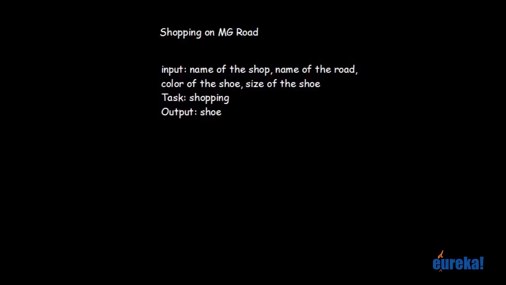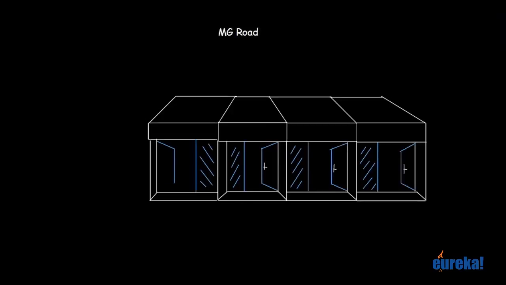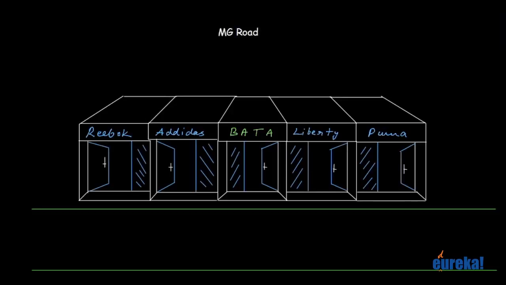Now, before we start writing the algorithm for the task, let's look at the problem diagrammatically. So let's say this is your road. This is MG Road. And you have shops along the side. Multiple shops. And this is your friend who's going to start shopping from the start of MG Road.